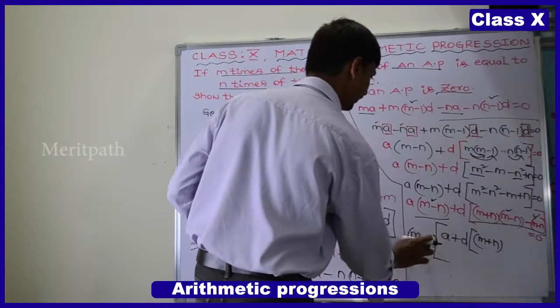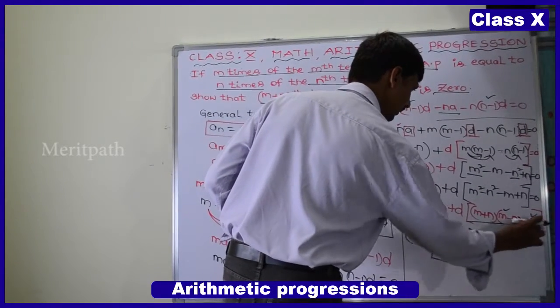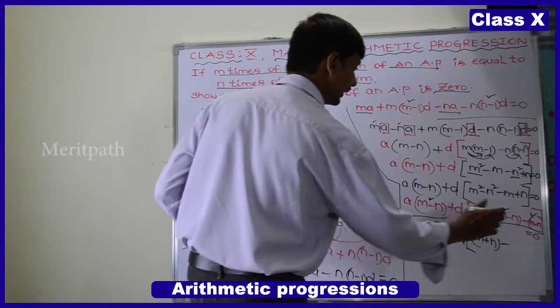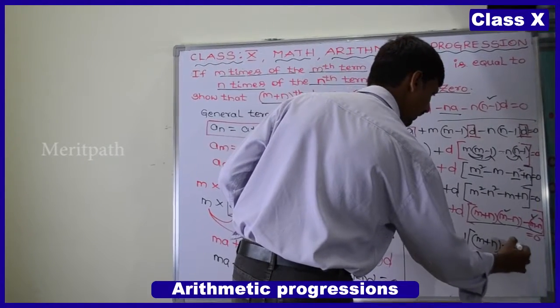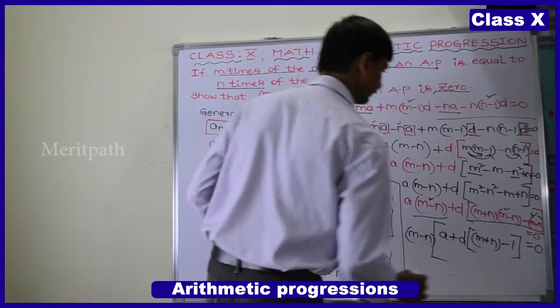Here M minus N already we have taken common, there is a minus here, and from this 1 will be left out, equals to 0.